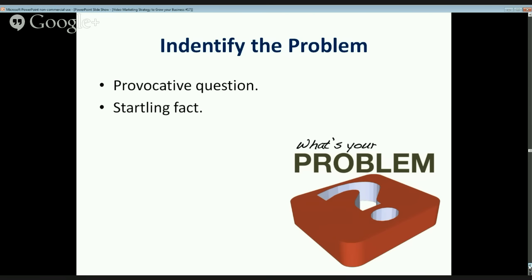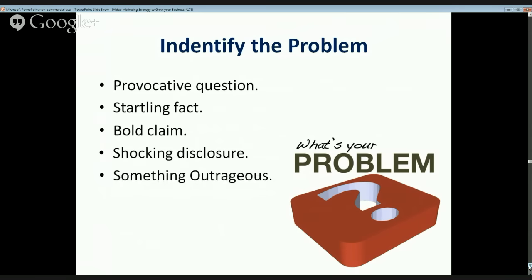I've got no idea if that's true or not, but use startling facts, bold claims. I am the only person who can help solve your problem. That's pretty bold. Shocking disclosure. Something outrageous, right? Grab their attention right from the very start, but make sure that it's about their problem.